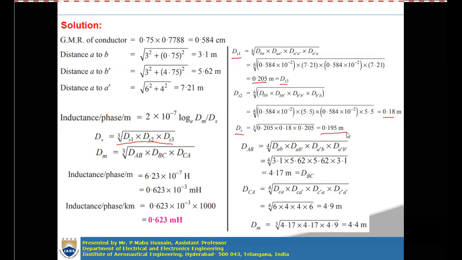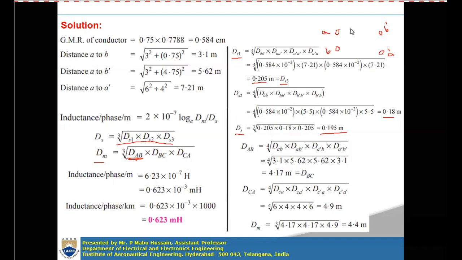That gives 0.195 meters. In a similar way, you have to find Dm, which is the cube root of Dab, Dbc, and Dca. Here Dab is the mutual GMD when you consider phases A and B. So you consider phase A and phase B, each with A dash and B dash. You have to consider two phases only, then calculate the mutual GMD.